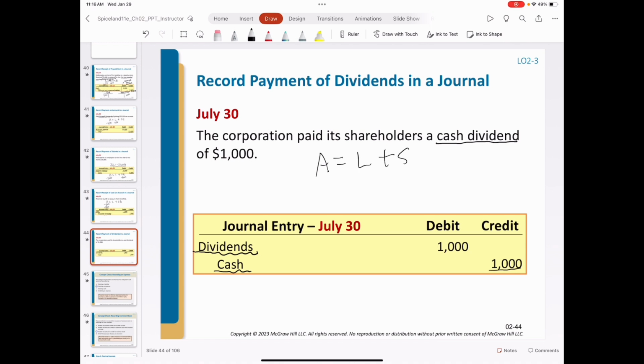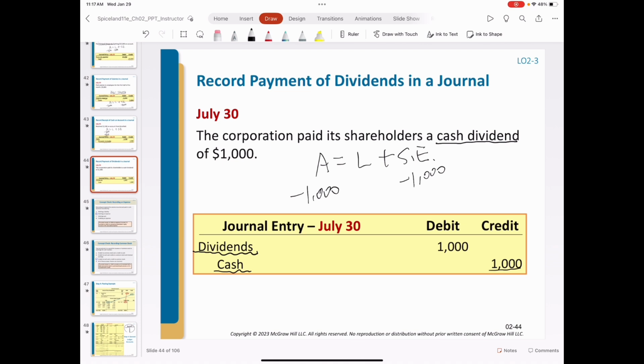So the impact on the accounting equation is this. Assets decrease $1,000. This is a cash payment as dividend to the shareholders, while it reduces the stockholders' equity by $1,000. So when we debit dividend, it is equivalent to debiting the stockholders' equity.